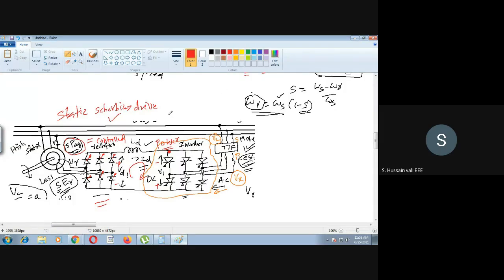So the advantage of this one is that you can run the induction motor now here at both sub-synchronous speed and super synchronous speed. Okay, I hope you know what this means.